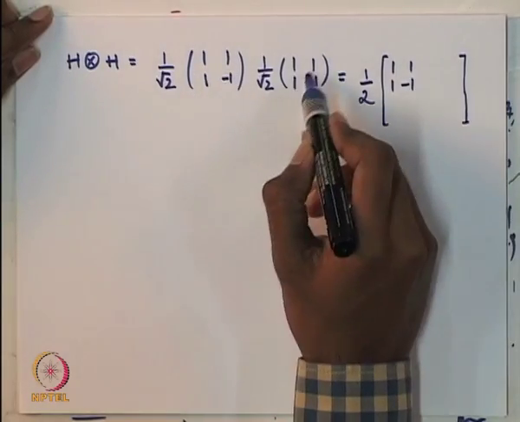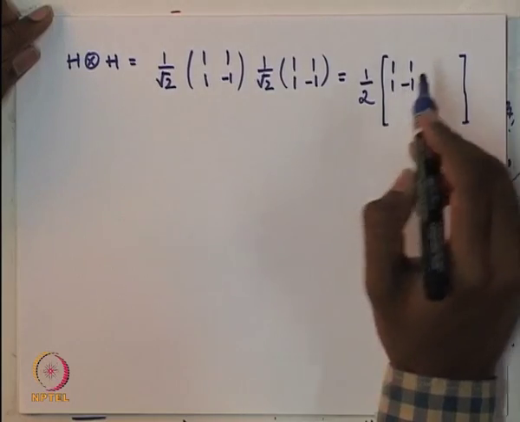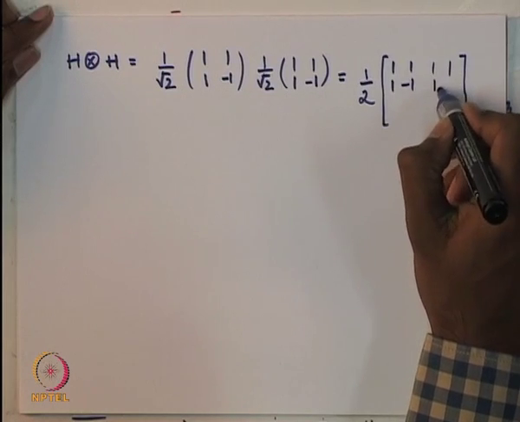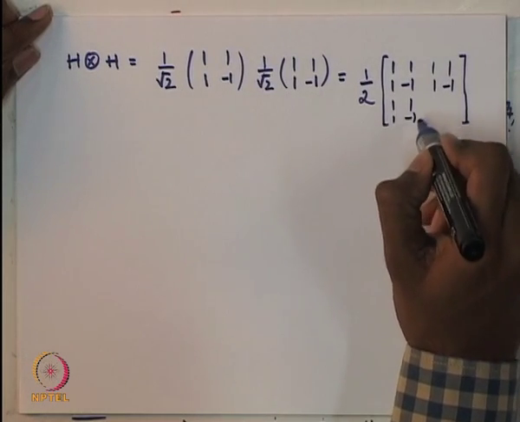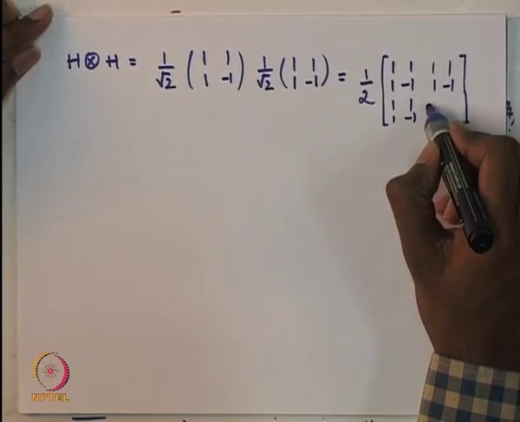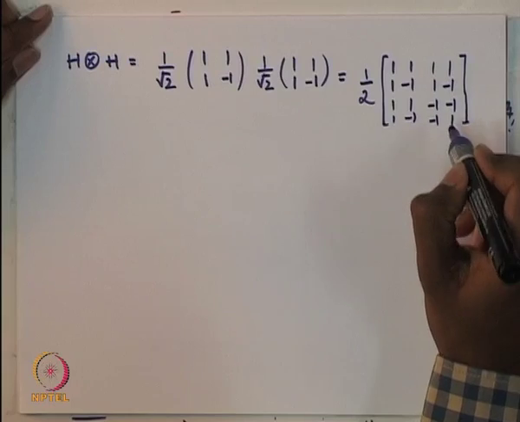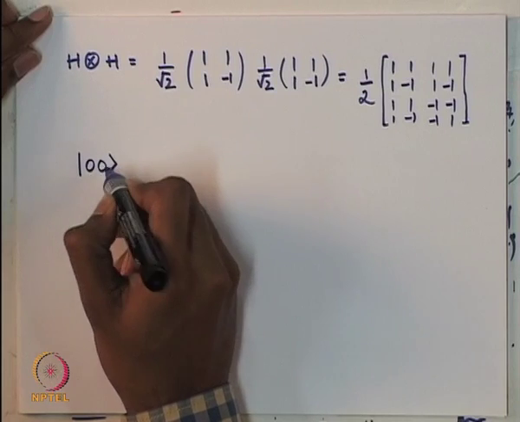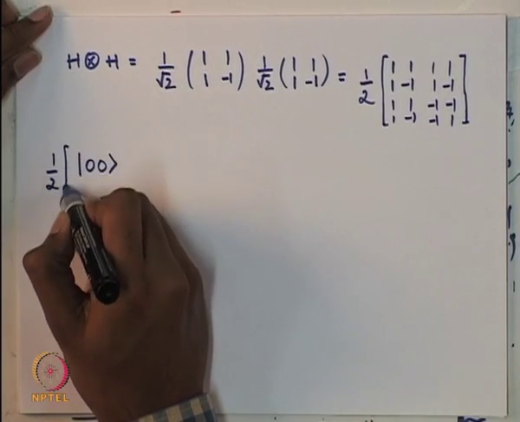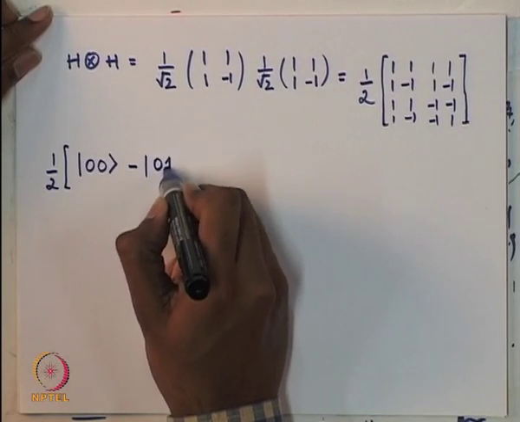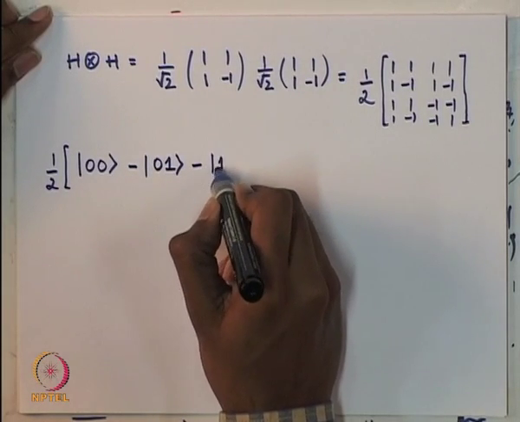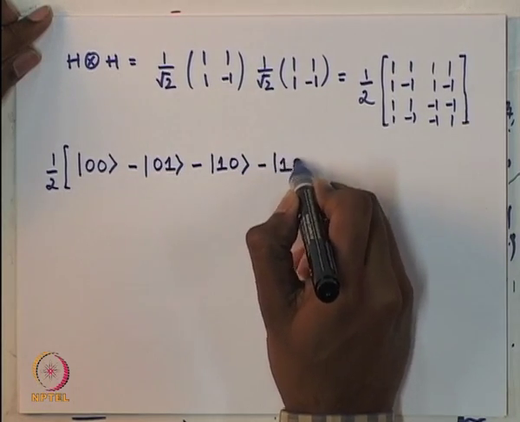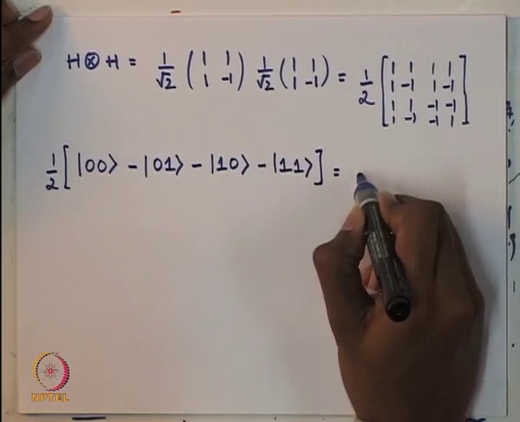This 1 multiplied with this matrix gives us 1 1 minus 1, and this number multiplied with this matrix gives again 1 1 minus 1. Similarly for other terms, but here minus 1 multiplied with this matrix will give this, and this matrix is being operated on the state present in the first register, which is the first 2 qubits.